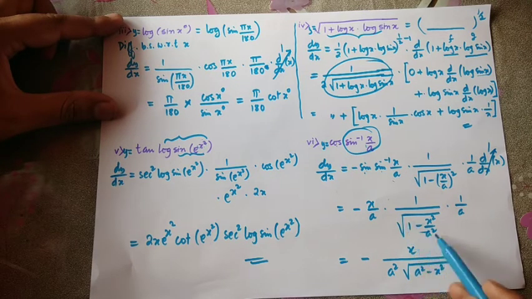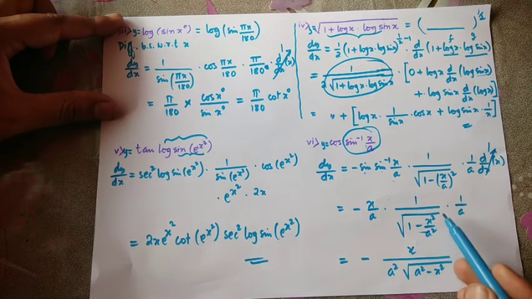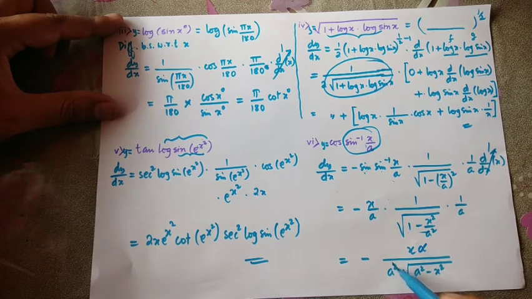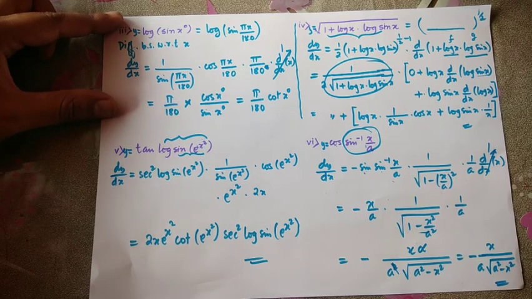Now square root of a square is a, and that a goes to the numerator and becomes this much. So this and this gets cancelled, so what will be left? Minus x by a, only 1 a is left, okay, into a square minus x square. So this is my answer. So pause the video to note down.